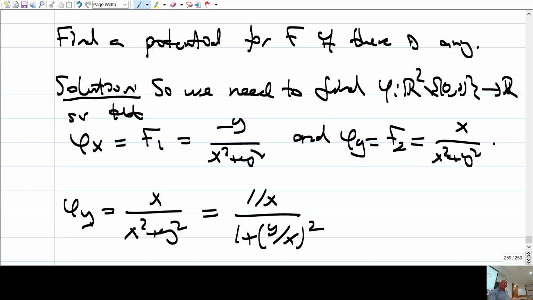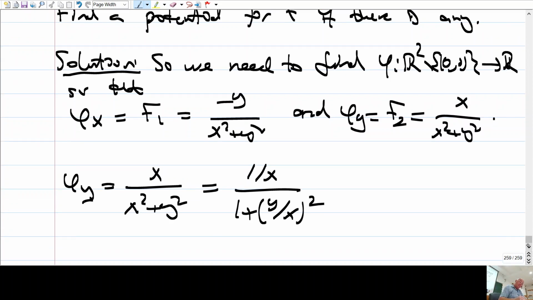Well, if you look at this carefully, so you see I need to integrate this with respect to y. Well, if you let u be y over x, then du is just, so my variable is y, so it is just 1 over x times dy.